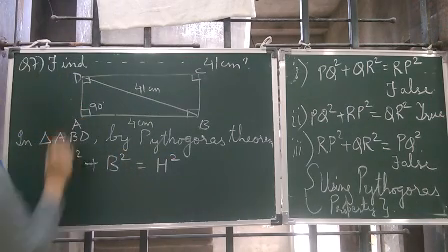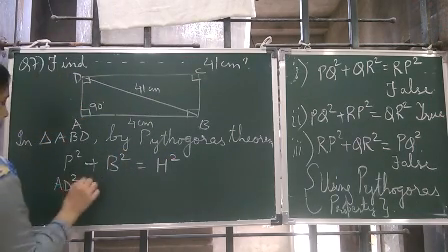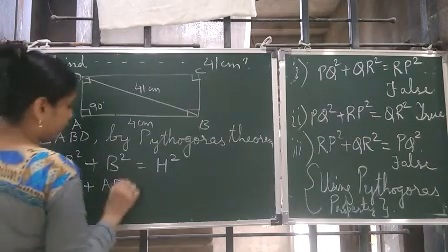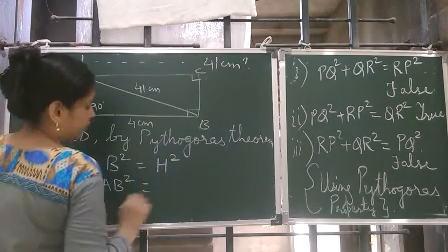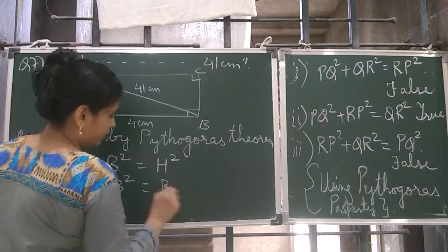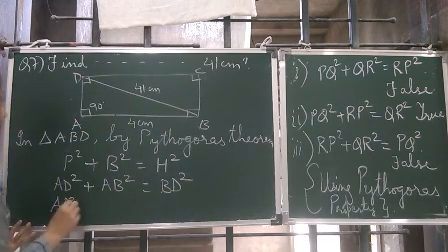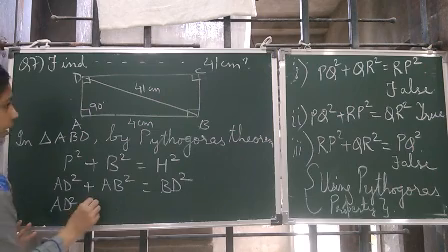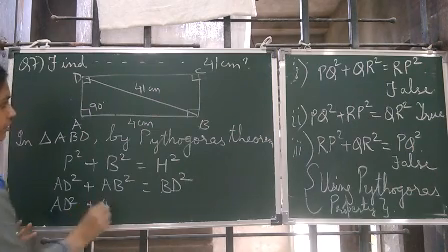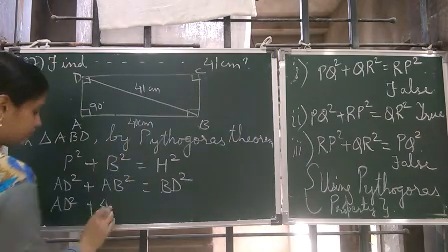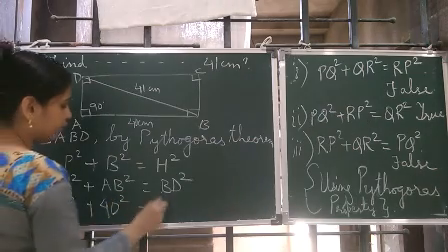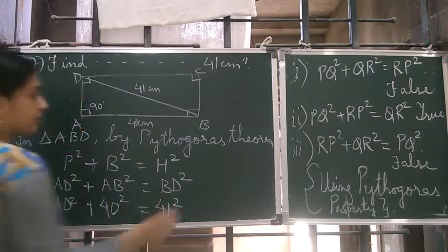What is P? AD square, AB square, BD square. We put the values. AD we don't know. AB we know, 40 centimeter. 40 square, 41 square.